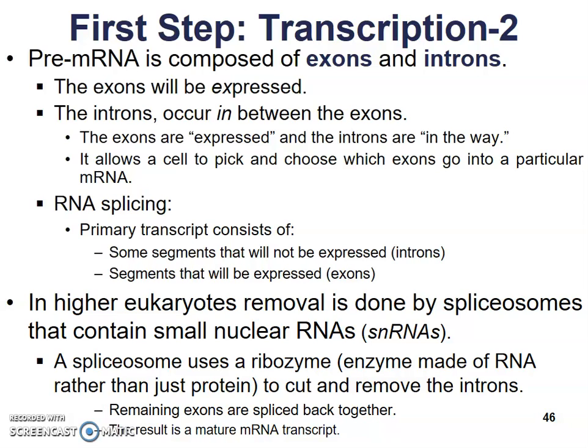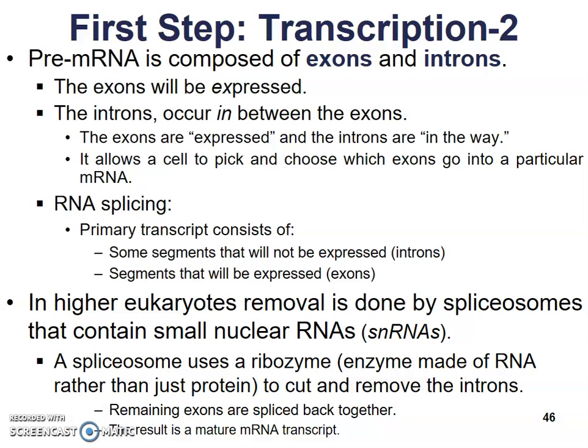Pre-mRNA consists of two types of information, exons and introns. Exons will be expressed and introns occur between the exons. The exons are expressed and the introns are just in the way. This allows the cell to pick and choose which exons go into a particular sequence of mRNA.